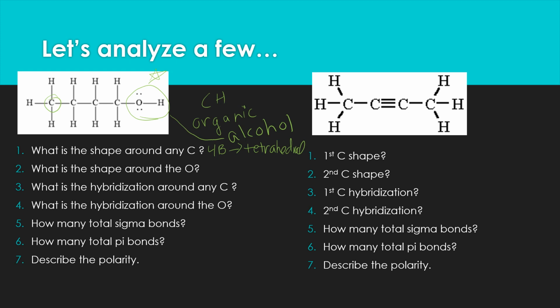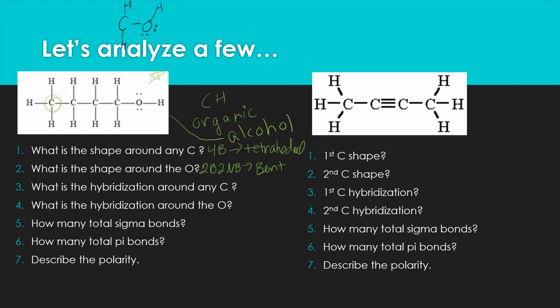The second question, what is the shape around the oxygen? Now that's going to be a little bit different, right? Around that oxygen, we've got 2 bonding and 2 non-bonding. So in that case, this would be a bent shape. If I could draw this a little bit true to what it looked like, that last carbon with its hydrogens, sorry, my H's are not that good, would then have the oxygen coming off, and then it would be bent with that second hydrogen, and it would have those lone pairs on one side.